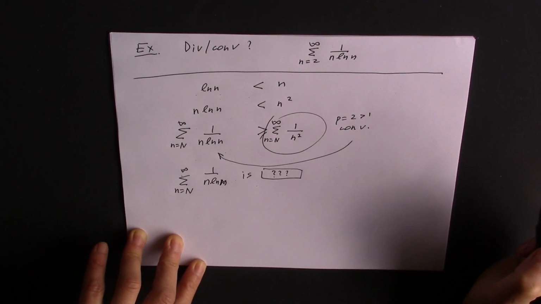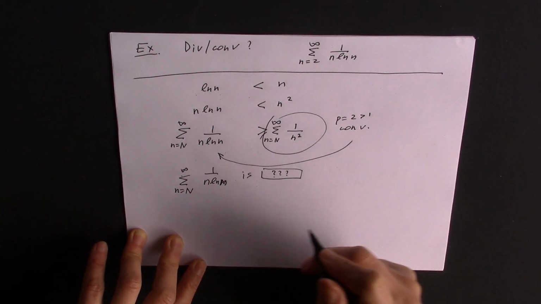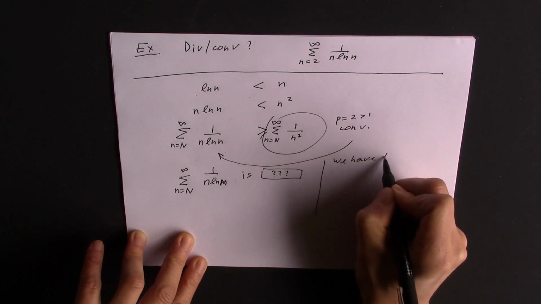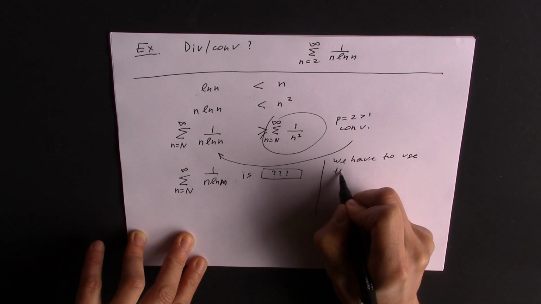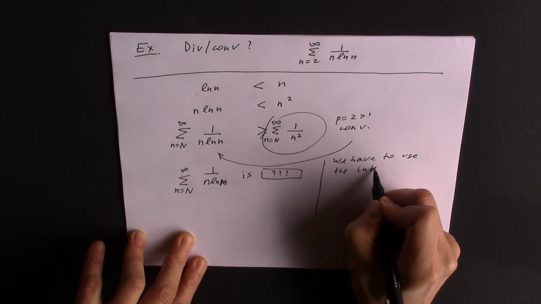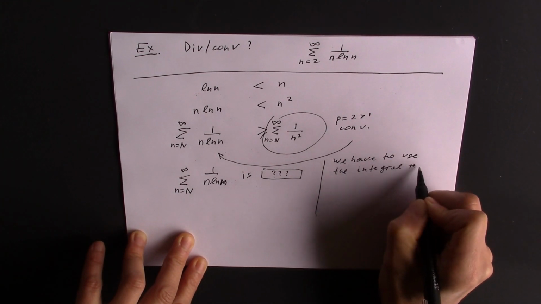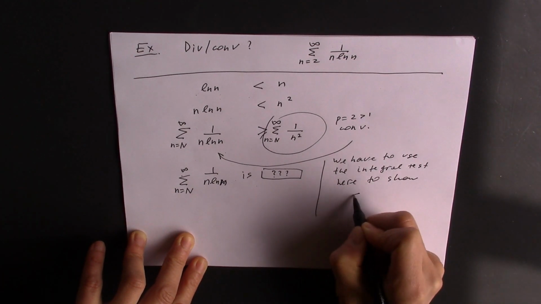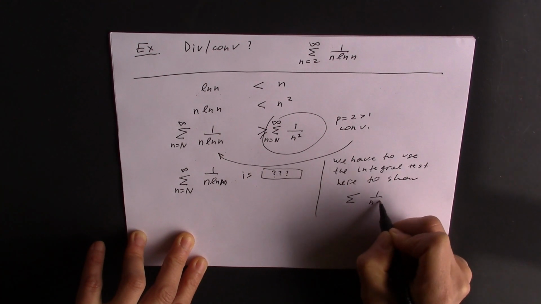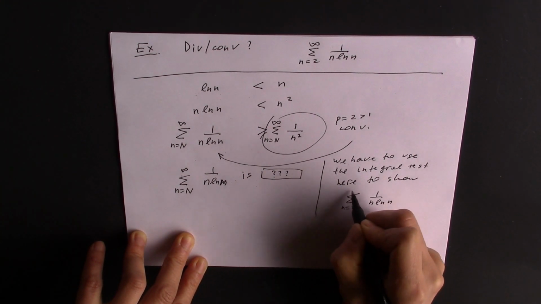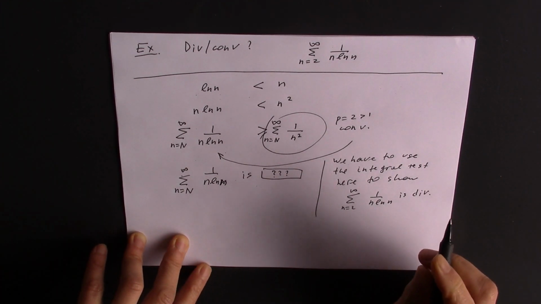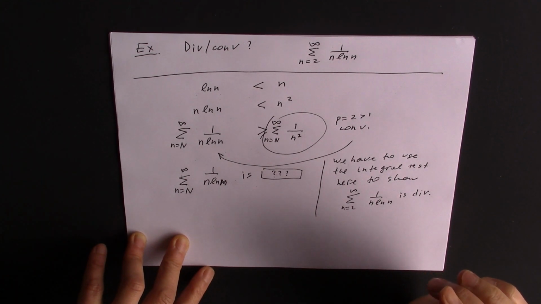So comparison test doesn't tell us what is going on if we are bigger than a convergent series. What we have to do is use the integral test here to show that our original series is divergent. So we cannot apply a comparison test to this one.